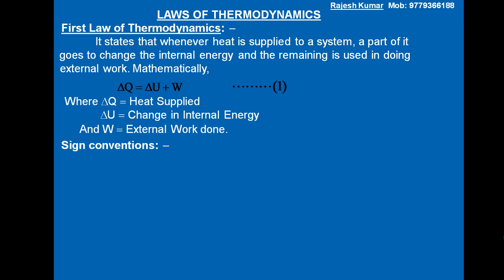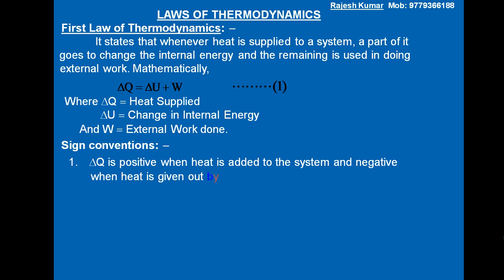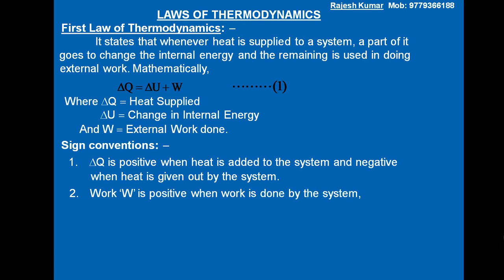Now sign convention for first law of thermodynamics. Number 1, delta Q, the heat exchange, is positive when heat is added to the system and negative when heat is given out by the system. Number 2, work W is positive when work is done by the system and negative when work is done on the system.